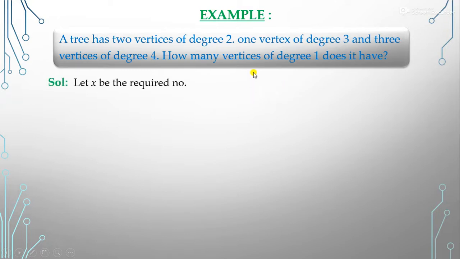So now let's do it. First suppose that what we want to find is x. Now how many total vertices are here? 2, 1, 3 and x. So 2 plus 1 plus 3 is 6, plus x vertices.